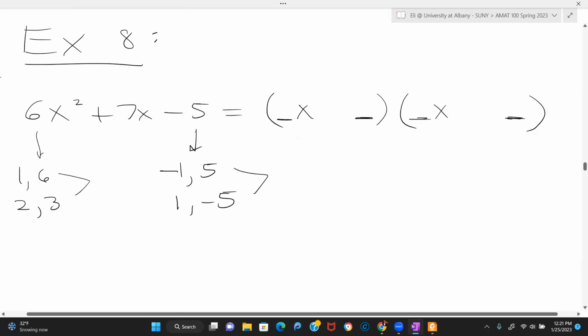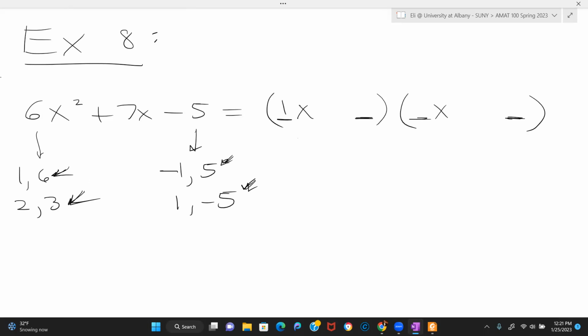So we have 4 possibilities to check. So we could do this pair and this pair, or this pair and this pair, or this pair and this pair, this pair and this pair.